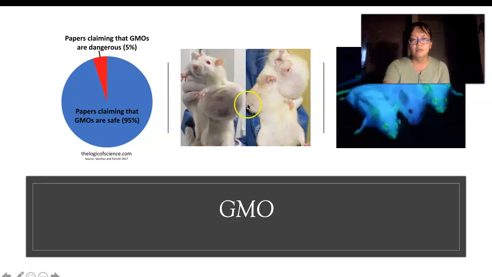And also some scientists find that if we keep feeding those GMO foods to the mice, they develop tumors. But the message I want to convey here is 95% of studies claim the GMOs are safe.